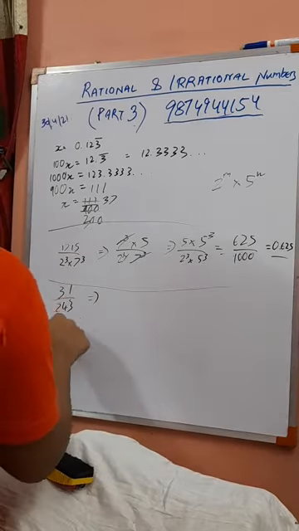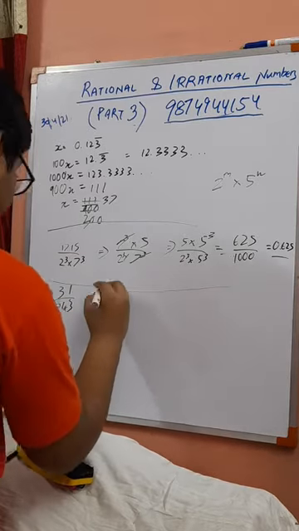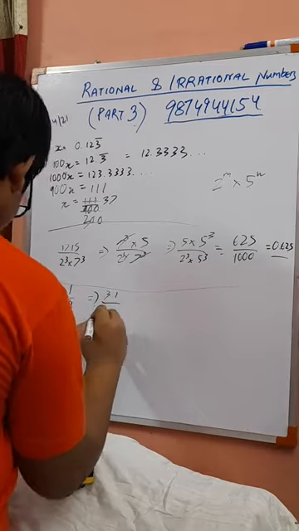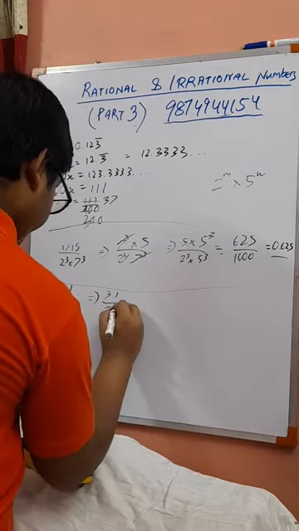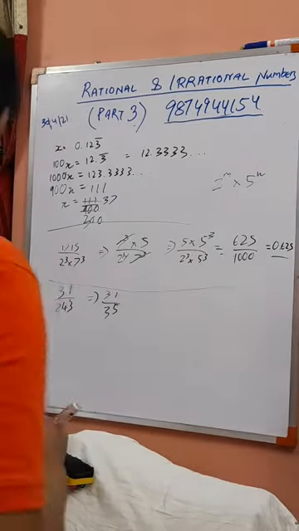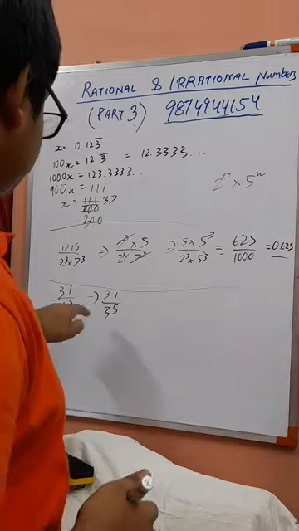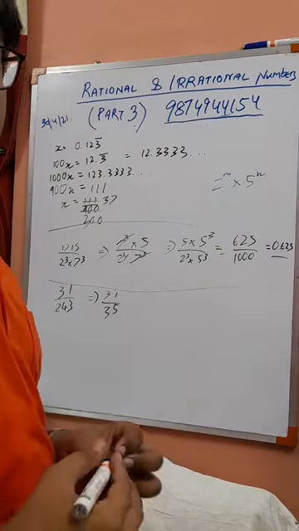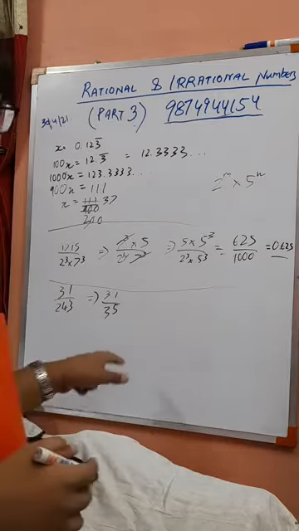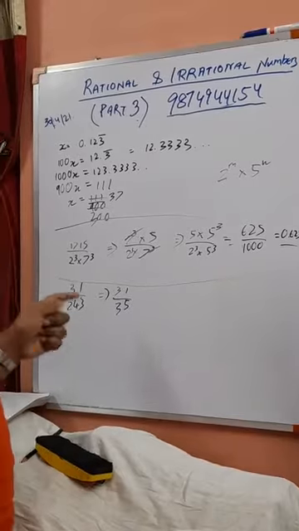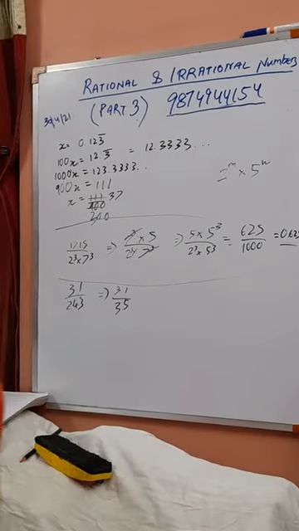Now we need to take this in the format of prime factorization, which will give us 31 by 3 to the power 5. Now 31 by 3 to the power 5 has a prime factor 3, which is other than 2 and 5. Thus, it will not be a rational number but an irrational number.